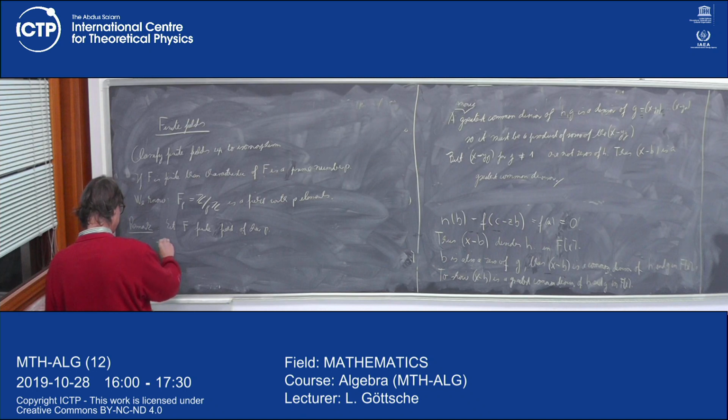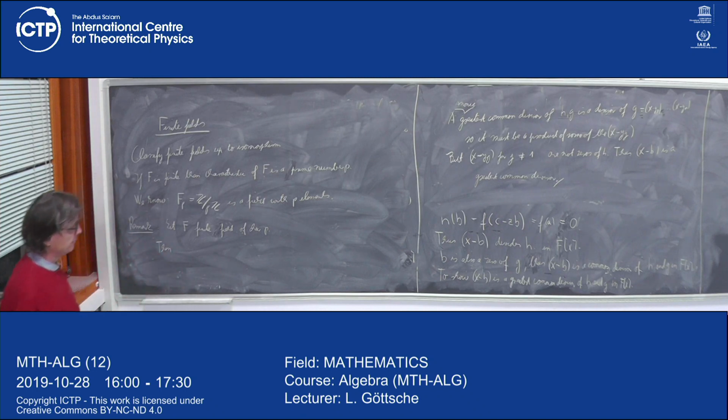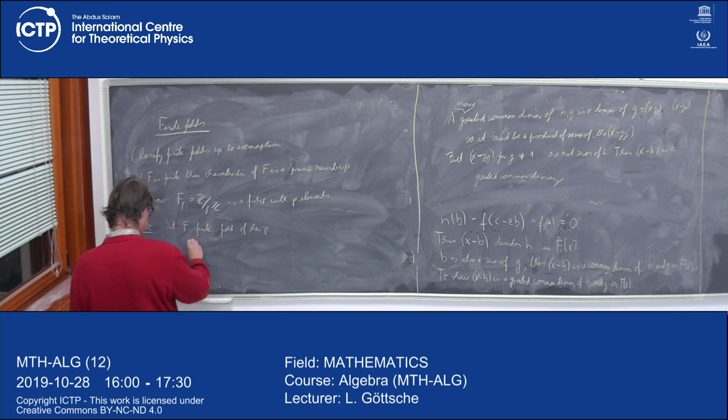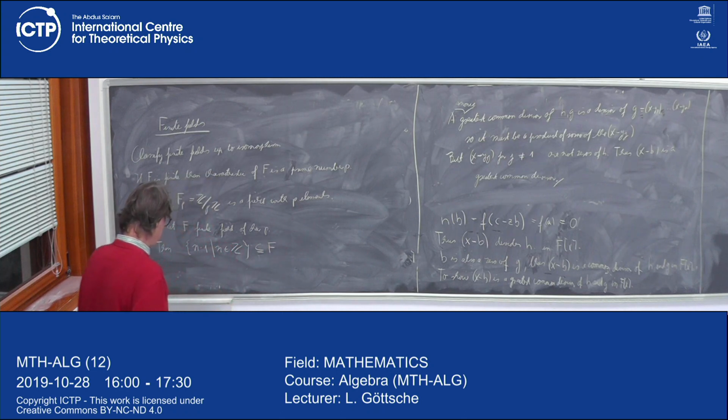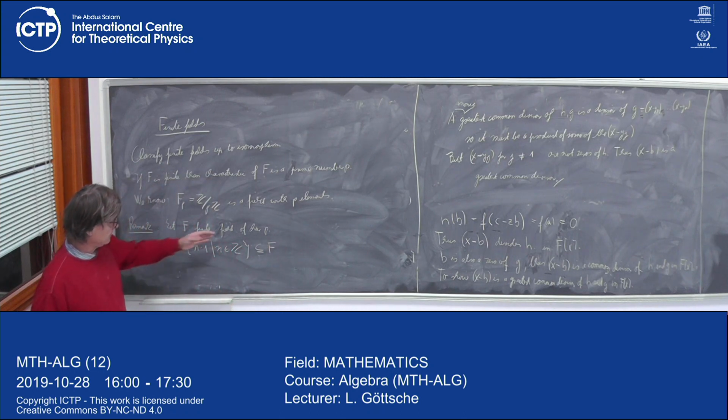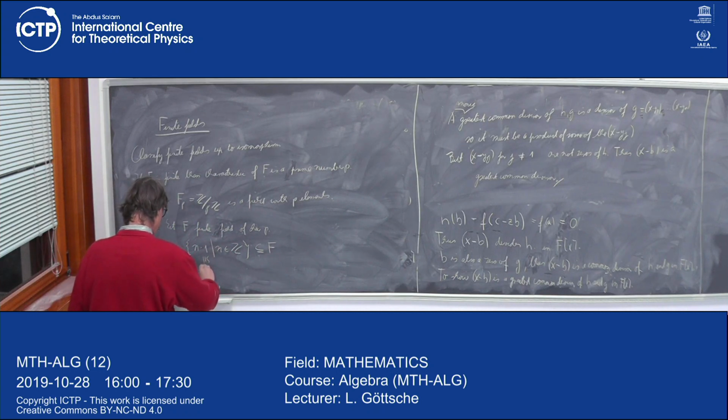Then I can look just at the multiples of 1, just adding 1 plus 1 plus 1 and so on. So the set of all n times 1 with n in Z is obviously contained in F, and you can easily see that if F is of characteristic p, then this is isomorphic to Fp.